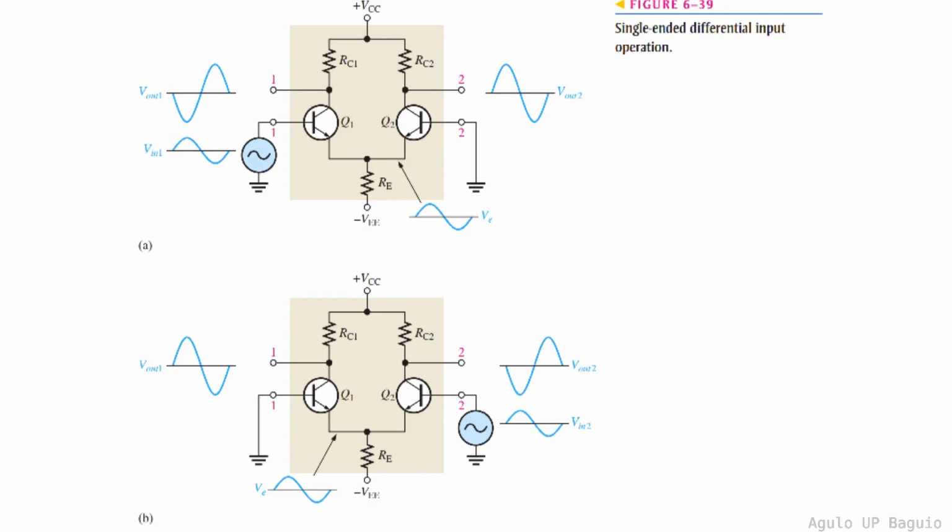If input 1 is grounded and input 2 is AC biased, then the output at the collector terminal at Q2 is the amplified AC voltage with phase inversion, and the output at the collector terminal at Q1 is the amplified AC voltage that is not phase inverted. This type of operation is a single-ended differential input operation.